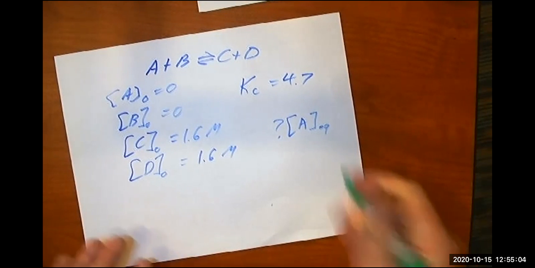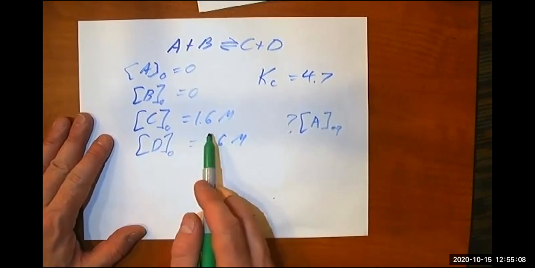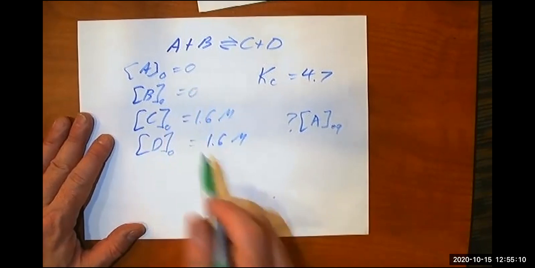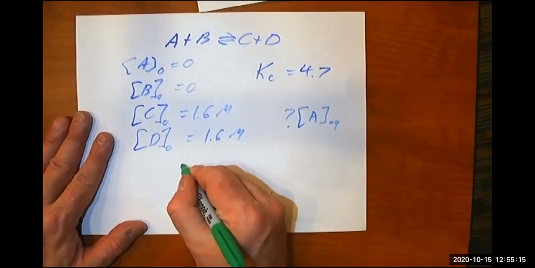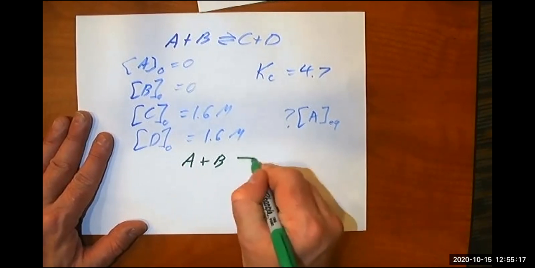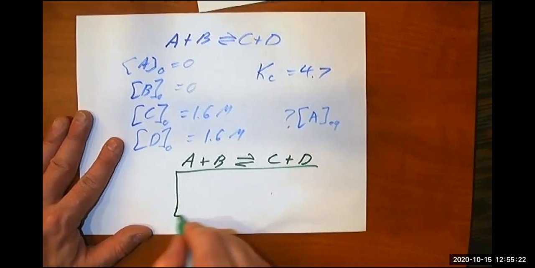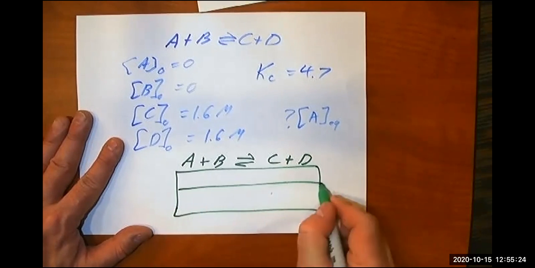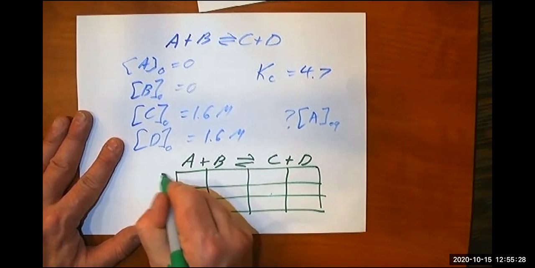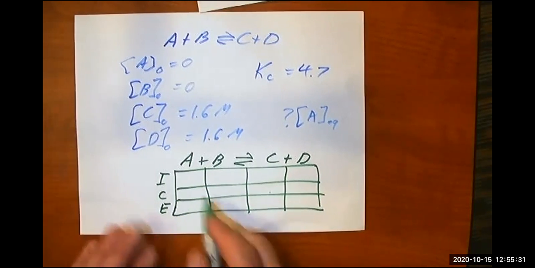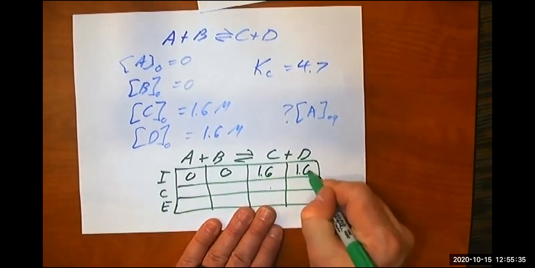So the first thing to do, in this case, we are going to have a shifting of equilibrium, so an ICE table probably makes the most sense. So we're going to do A plus B in equilibrium with C plus D. We are given 0, 0, 1.6, 1.6.